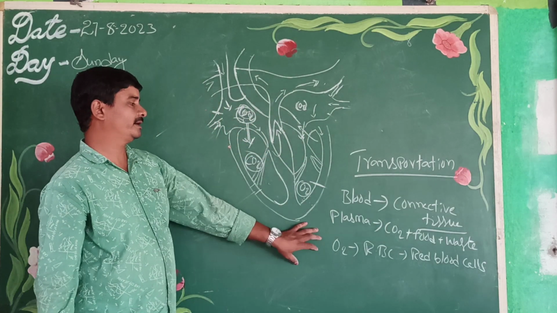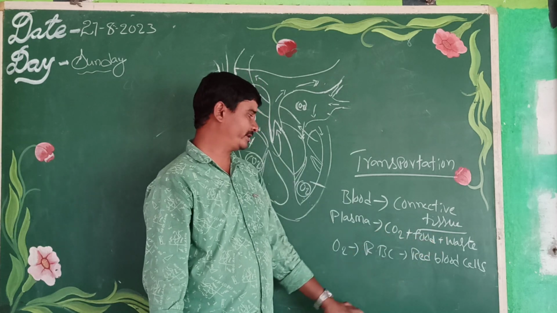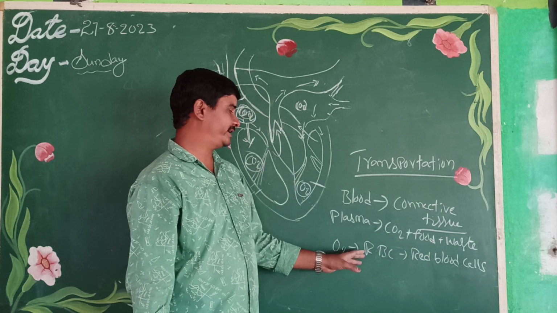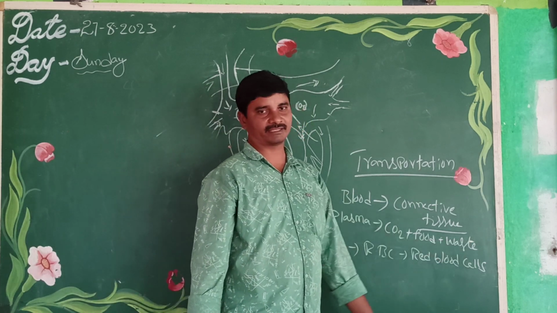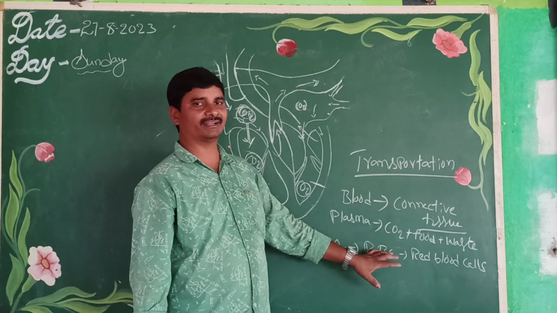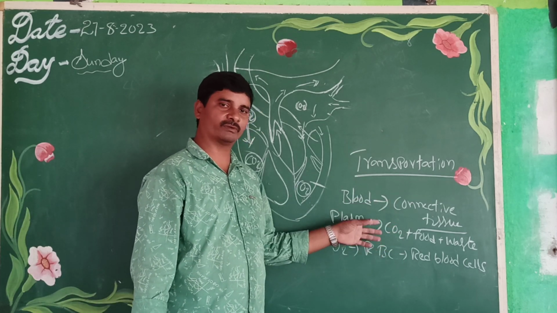So children, here plasma carries CO2 and food and waste materials from one place to another in your body, and O2 gas is carried by RBC, red blood cells. So different types of waste materials, useful materials, food and gases are transported from one place to another.